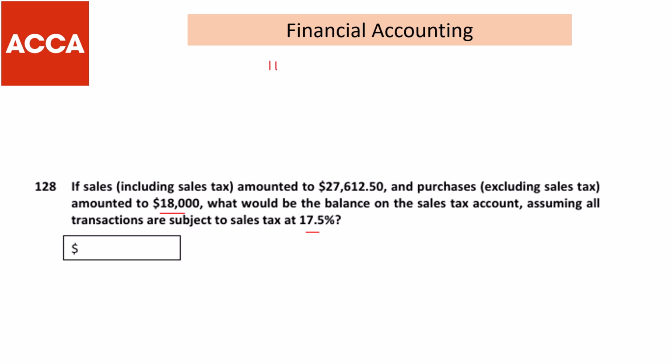So 117.5 represents 27,612.5. So we want to know what 17.5 represents.